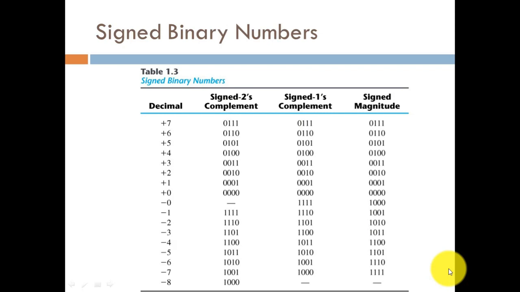For negative 0, its sign magnitude representation would be like this: 1 represents the negative value and this represents its magnitude. In a similar fashion, if we have to represent -1, the minus sign would be designated with this particular 1.